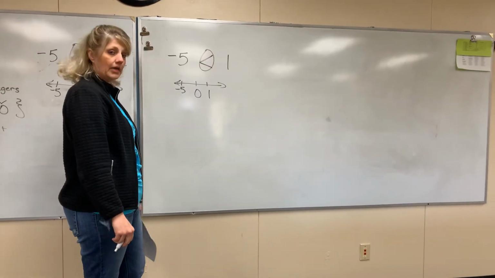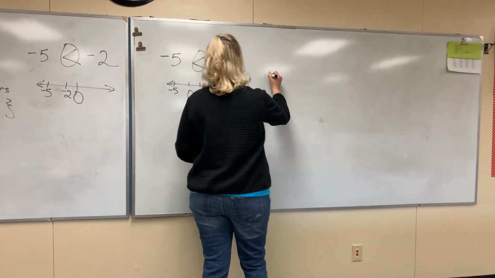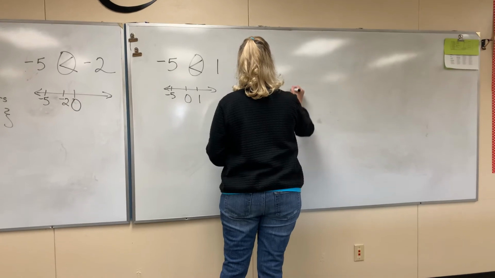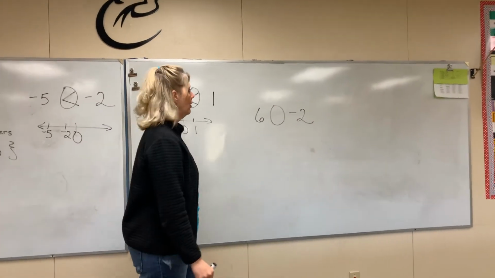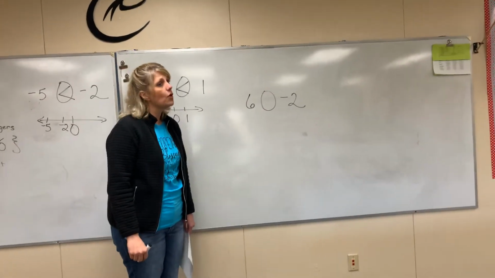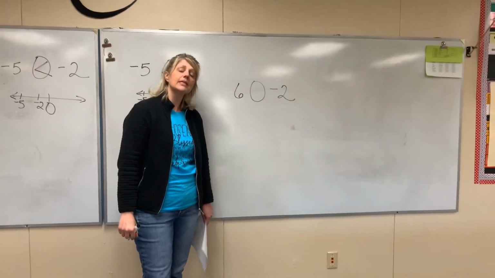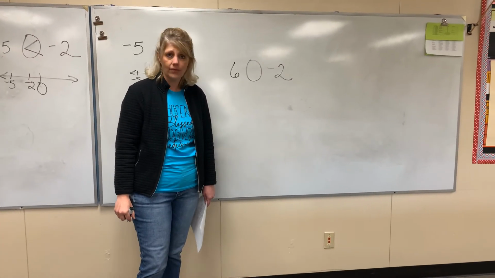Okay? Pretty easy. All right, let's look at this one. Let's look at 6 compared to a -2. Okay, so again, I'm already thinking I know the answer because based off what Miss Lane just told me, a positive number is always bigger than a negative number.